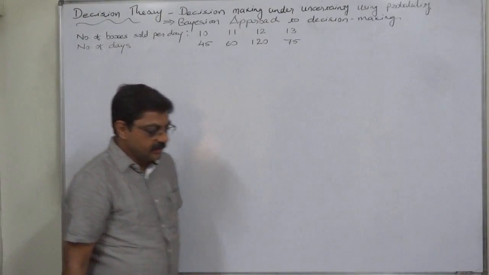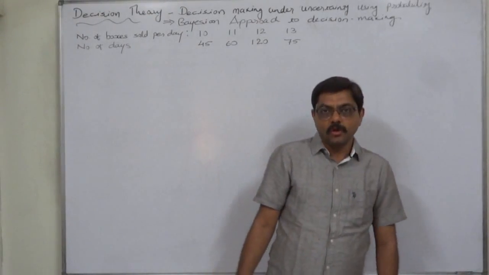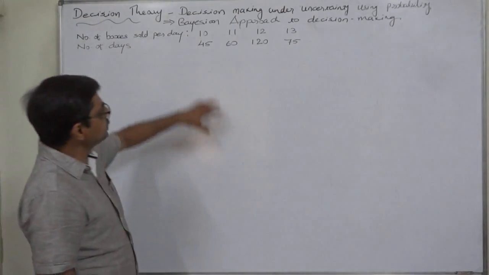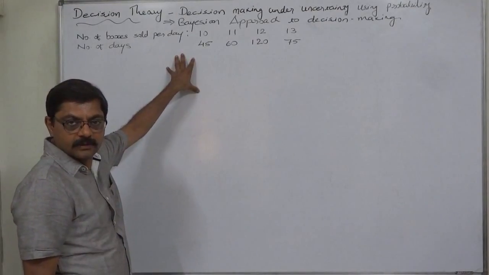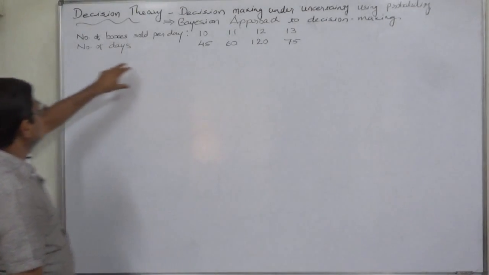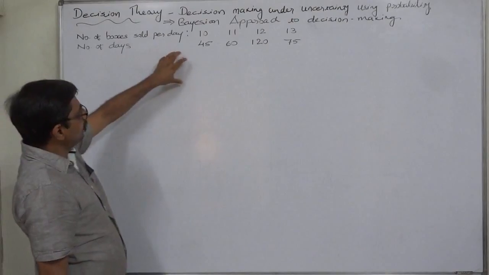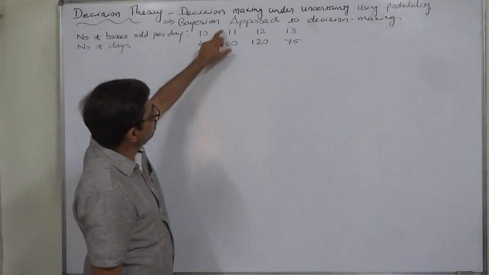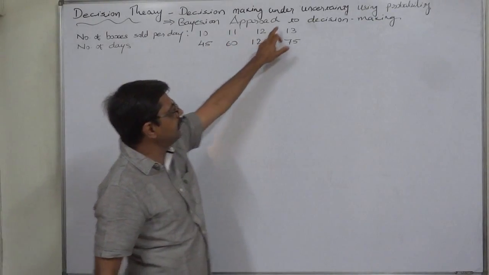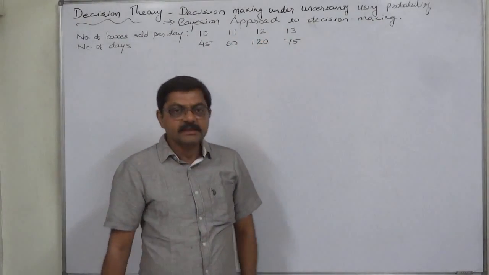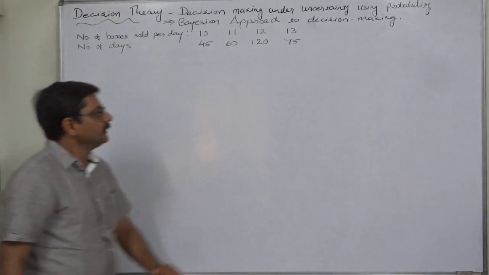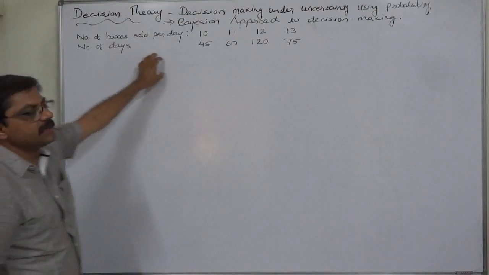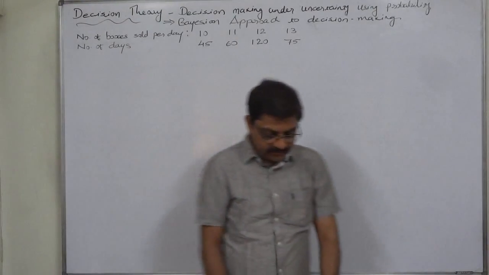He is maintaining records of his daily sales, and the records say the number of boxes sold per day are: 10 boxes for 45 days, 11 boxes for 60 days, 12 boxes for 120 days, 13 boxes for 75 days. The total number of working days seems to be 300 in the last year.